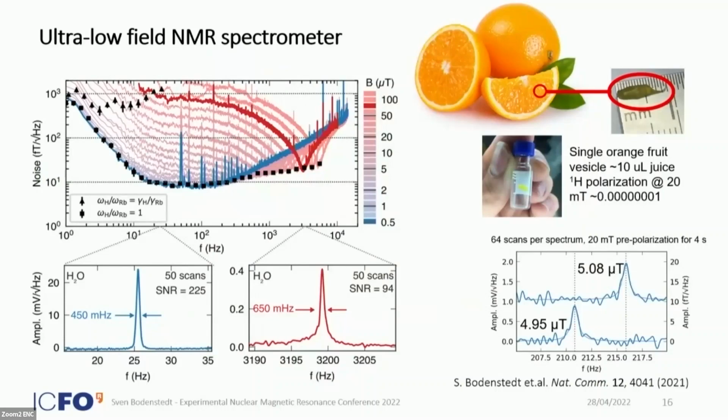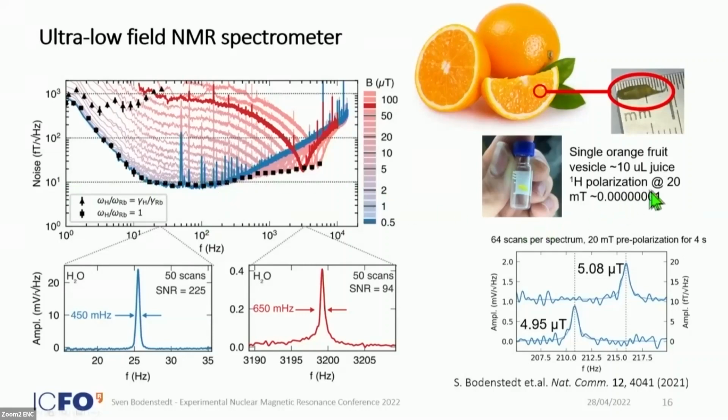We're mostly interested in that regime of a few hundred hertz because it's the most sensitive region of our magnetometer, reaching not sub-femtotesla, but about 10 femtoteslas for our sensor. To give you an idea about the sensitivity, it's not comparable to what you're used to at high field.